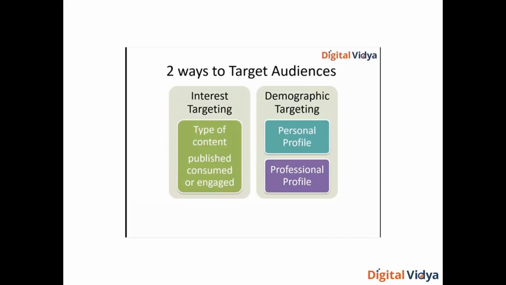Maybe if you read a lot about yoga or are a fitness freak, then it makes sense to show you ads on fitness articles or fitness equipment. This is how you have to do audience aggregation. And Nimble is one of the CRMs which you can use to integrate everything.